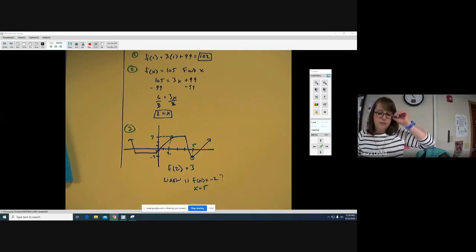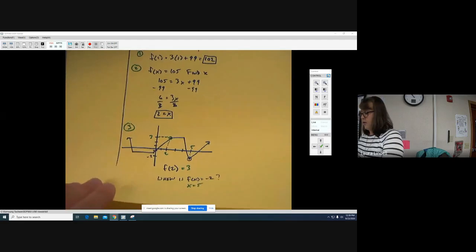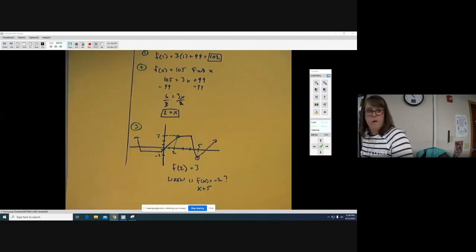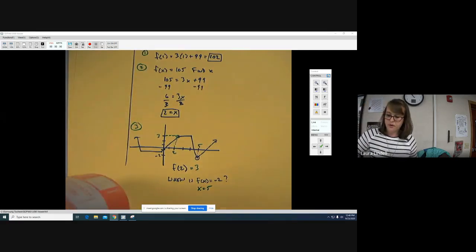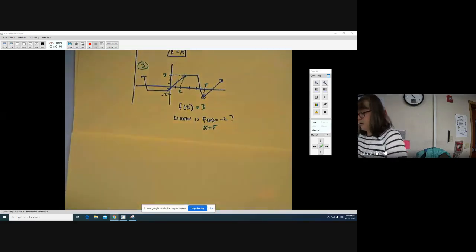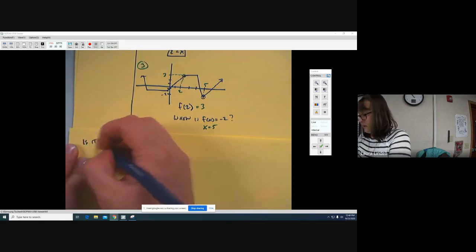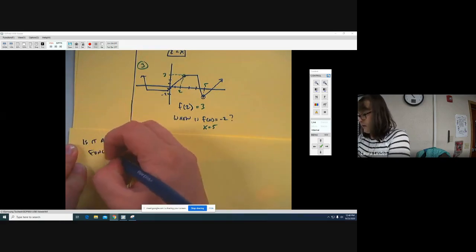Next, what we want to be able to do is decide if something is a function or not. So to do that, we're going to move some stuff out of the way. Okay, is it a function?